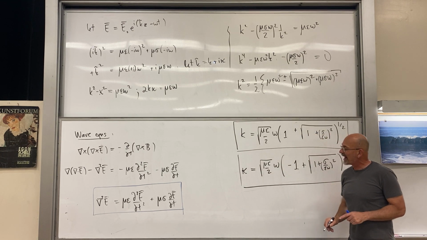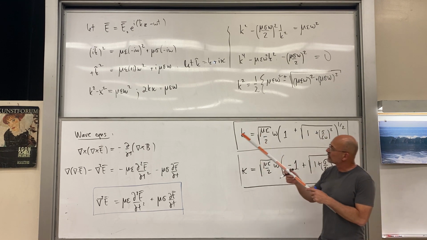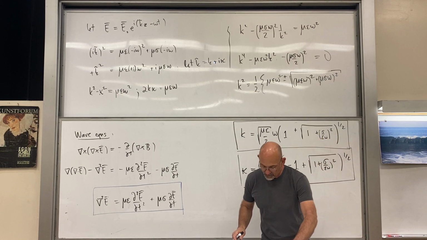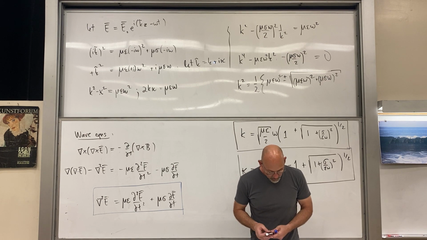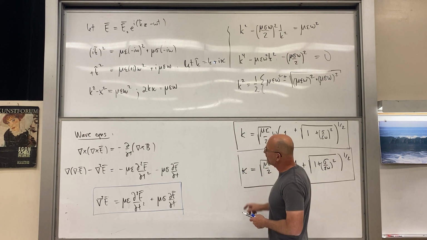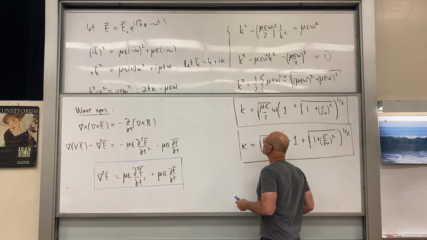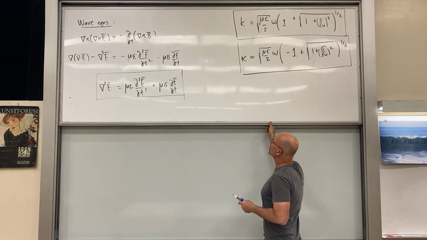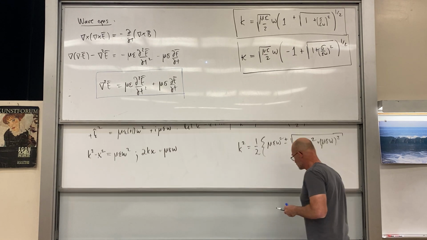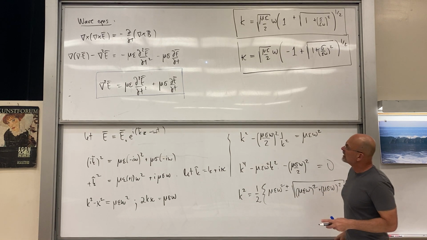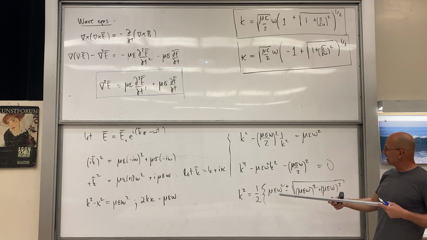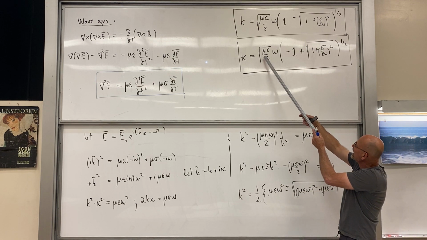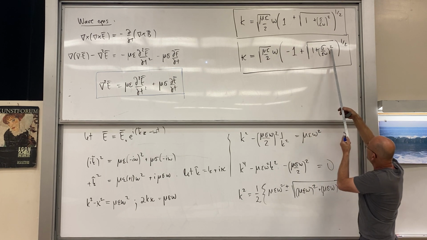We can now go back into Maxwell's equations. I can erase a bunch of this stuff. Good, so we're going to use these. We have our ansatz somewhere up there. But we basically know what's going on here. It just took a bit to get these expressions, k and kappa. They're kind of complicated.